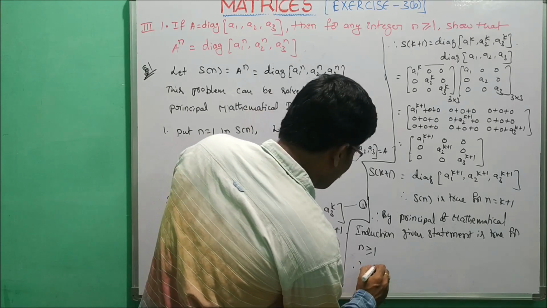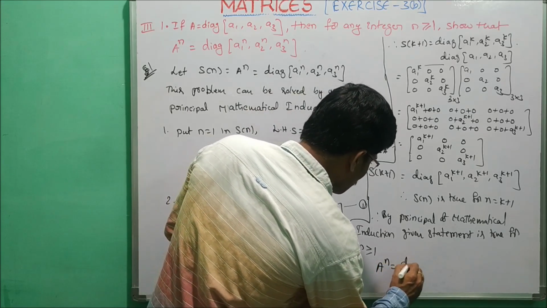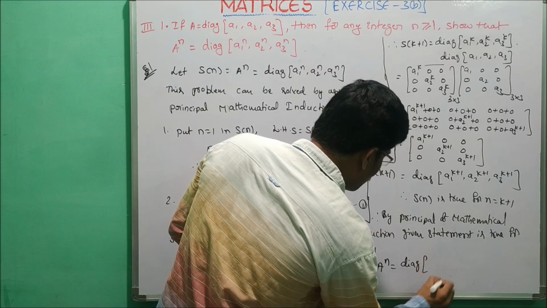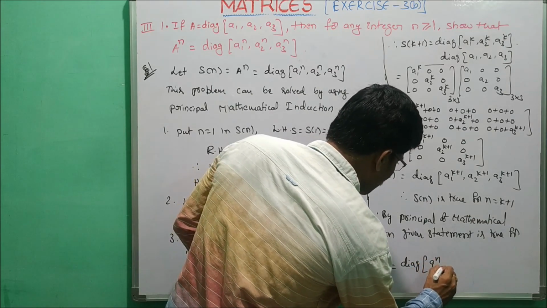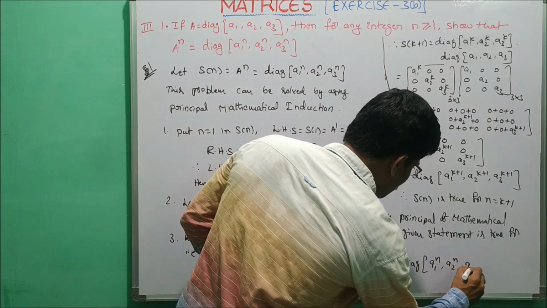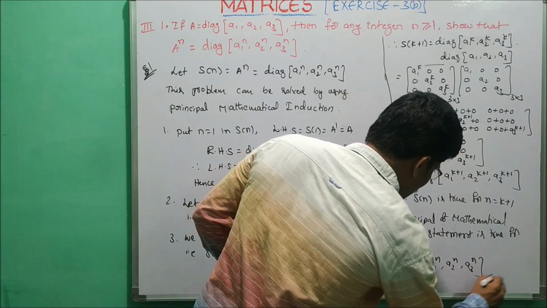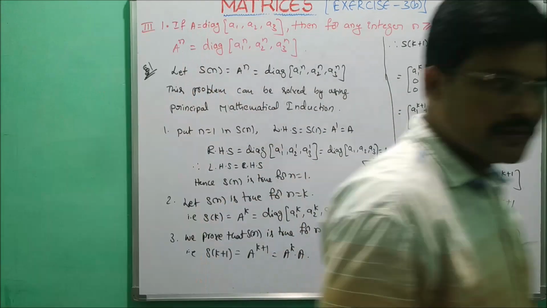Therefore, here we write A power n equals the diagonal matrix A1 power n, A2 power n, A3 power n. So this is the solution for this question.